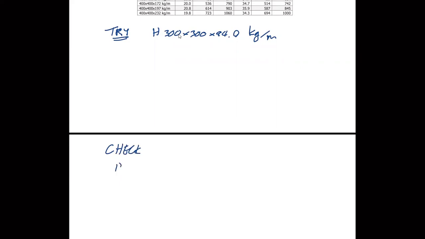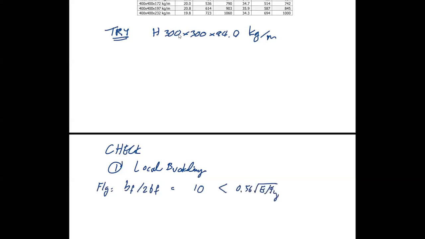First, local buckling. Again you have the BF flange. It's BF over 2 TF, and because it's the same, let me go ahead and write it down. It's 10, which is less than 0.56 square root E over Fy, so that's 16.